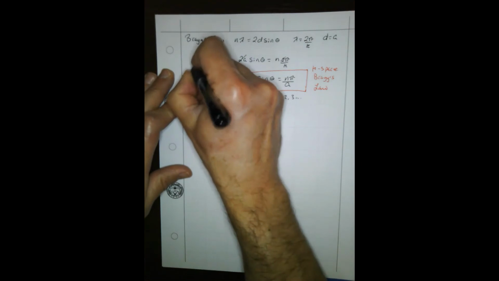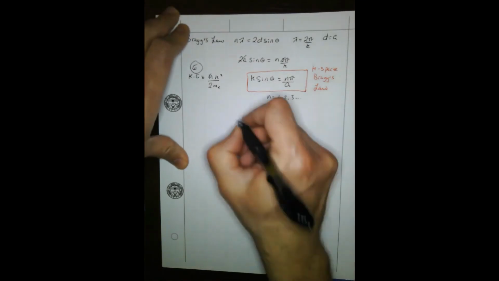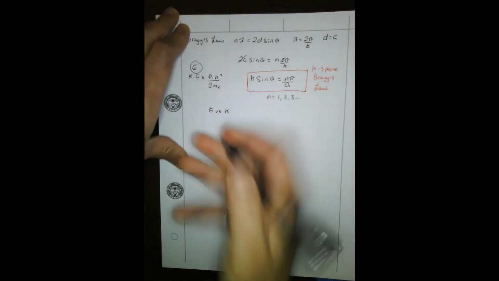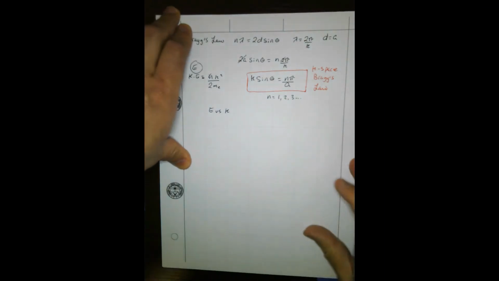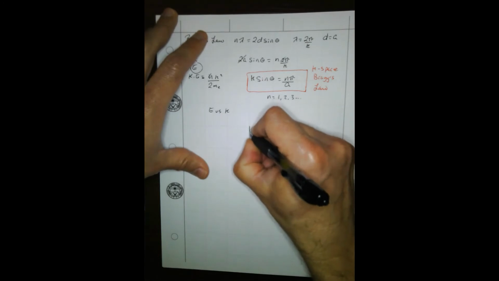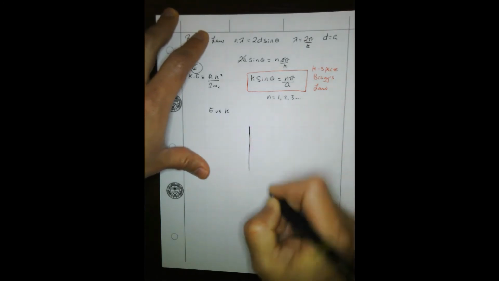So we're going to be talking about energy, and we can draw a graph of E versus k. This is k space, and we see that some interesting things happen. We can draw it quasi-Cartesian-like.